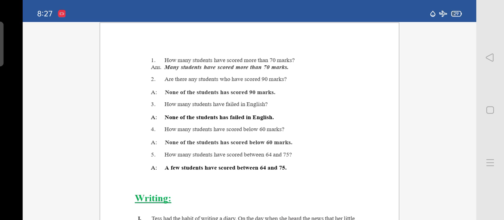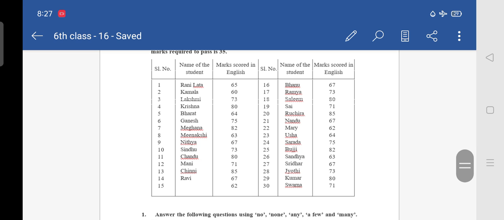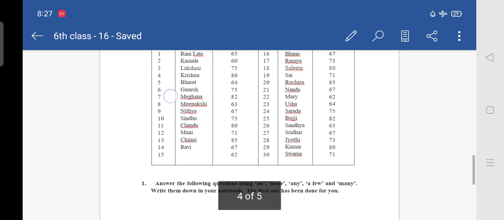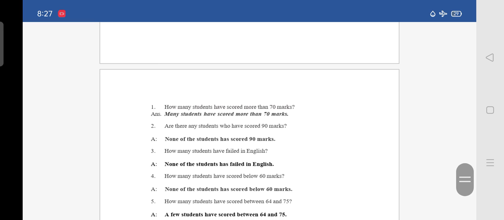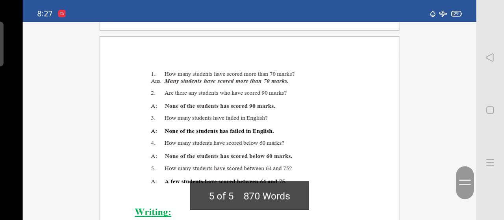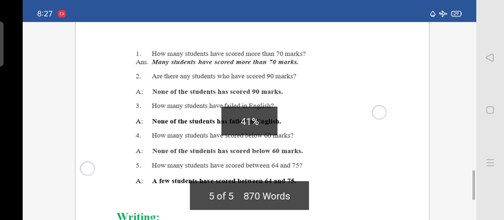Many students have scored more than 70 marks, isn't it? Because if you see in the table, there are so many students who secured more than 70 marks, isn't it? So the first one you write is, many students have scored more than 70 marks.